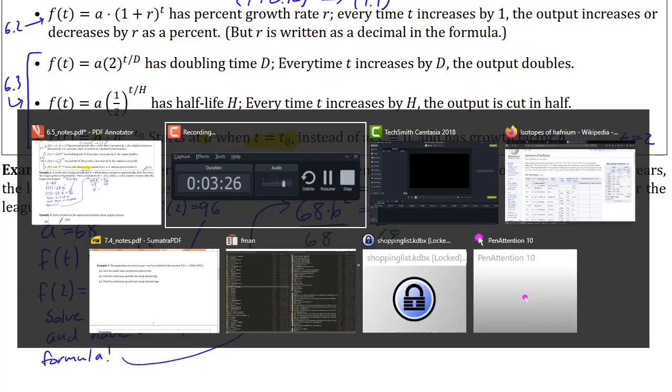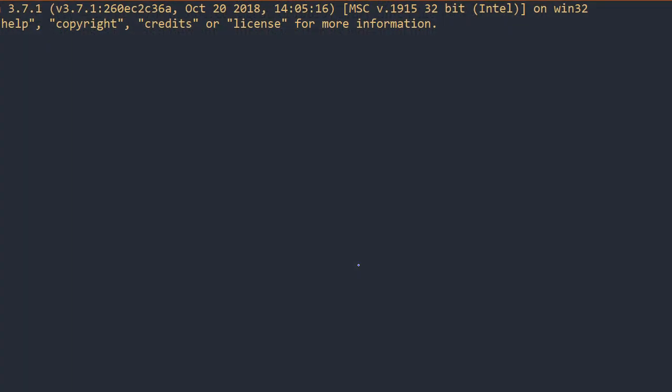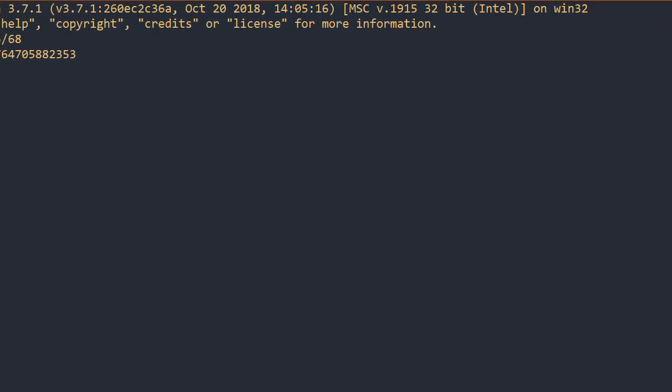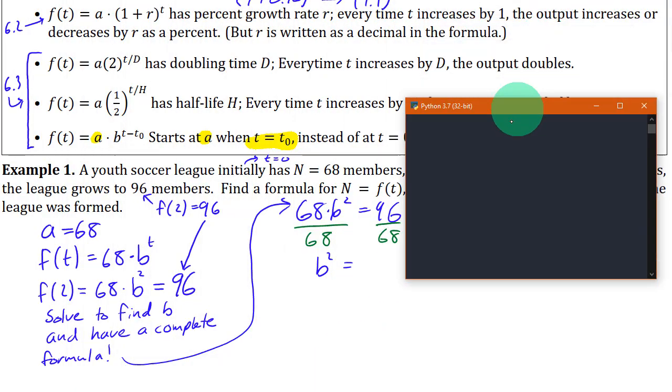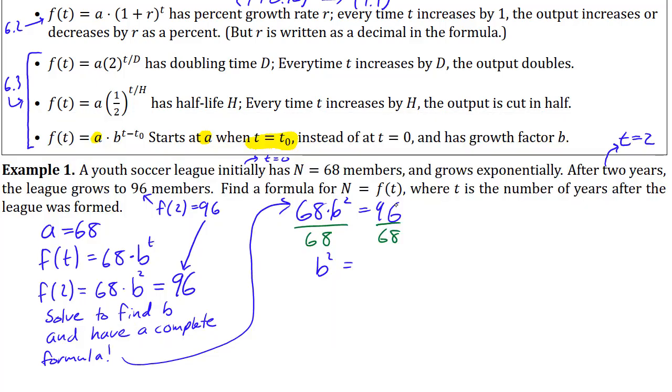And 68 divided by 96 is, wait, other way around, sorry, 96 divided by 68. Let me make this smaller so you can see it. That is 1.4117 or 1.4118.